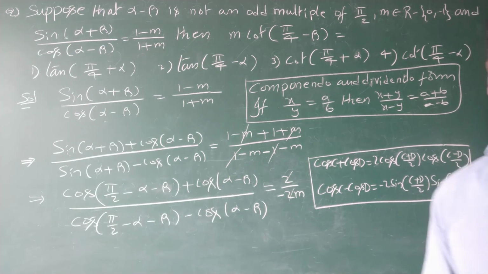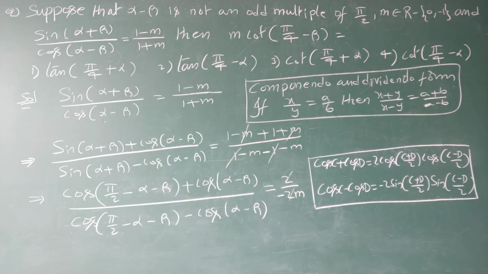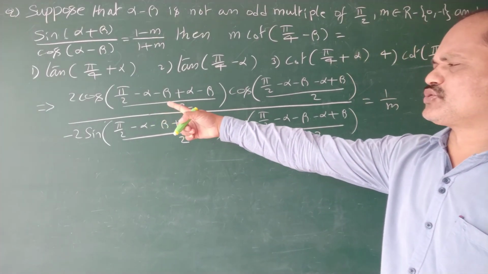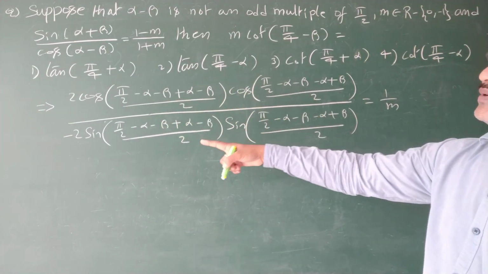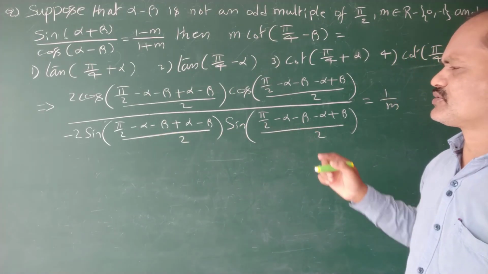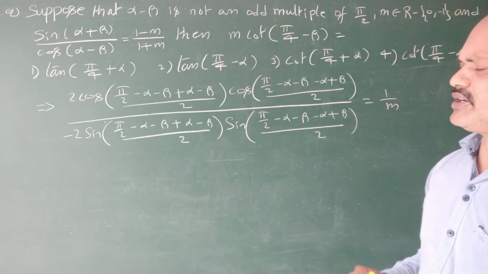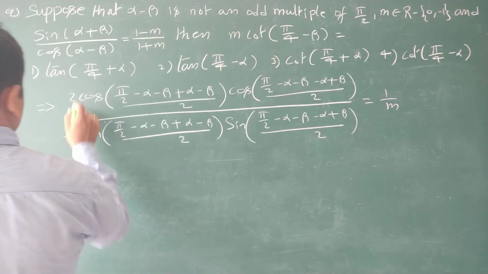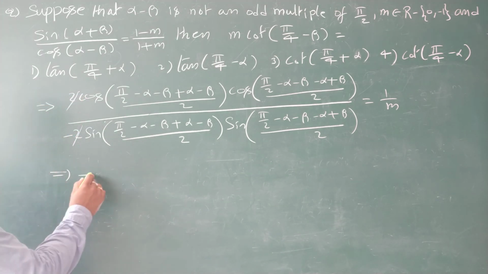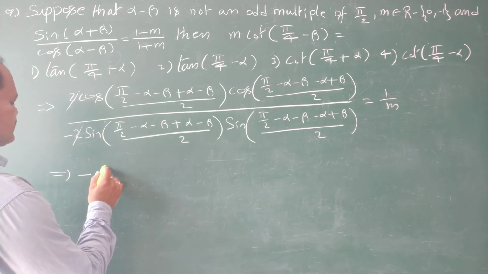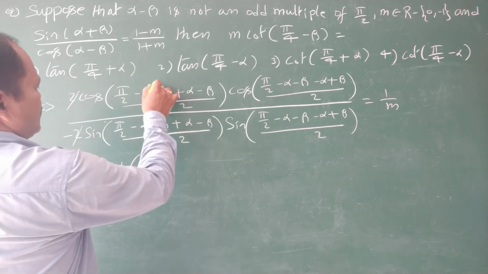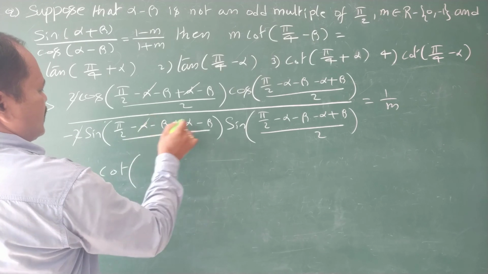Now we go to the next step. According to cos C plus cos D, the numerator is 2 cos((C plus D) by 2) cos((C minus D) by 2), and the denominator is minus 2 sin((C plus D) by 2) sin((C minus D) by 2). That's why here it is 1 by m. Here 2 gets cancelled. Now observe here: minus of cos by sin, which is cot. So both are the same here, and alpha gets cancelled. Here also alpha gets cancelled.